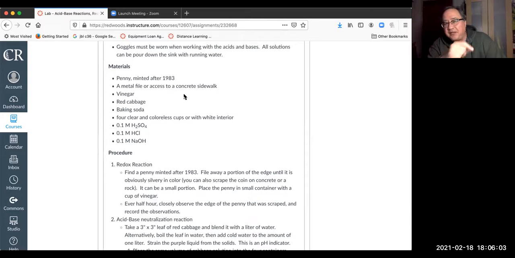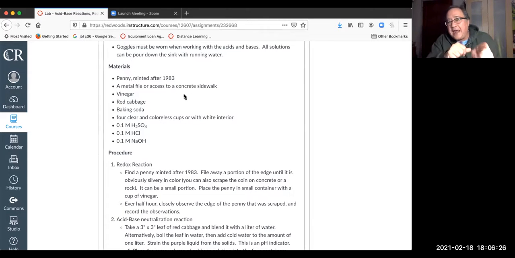Red cabbage, baking soda, 4 clear and colorless cups or with a white interior. So these are my cups right here, nice white interior. I already said red cabbage.